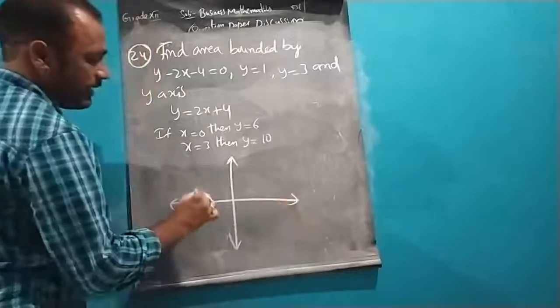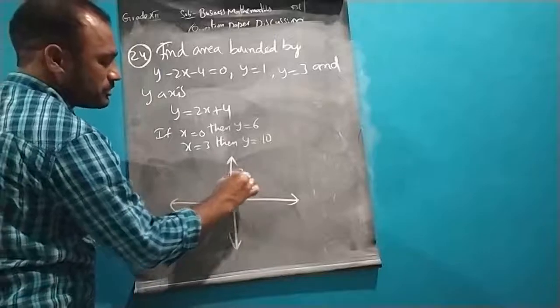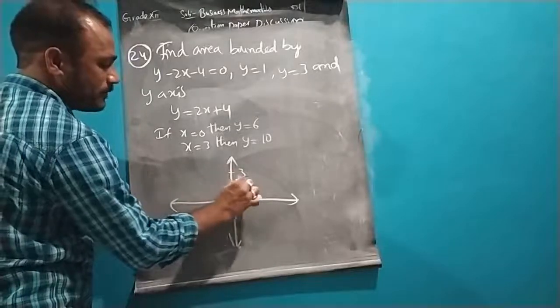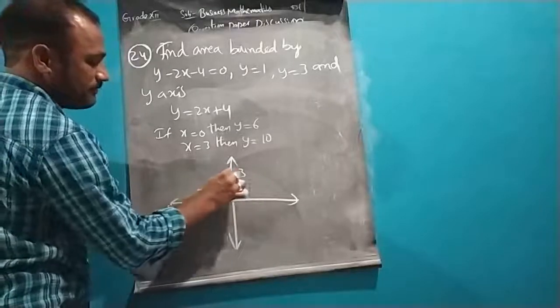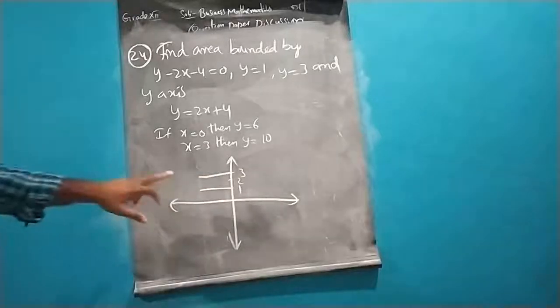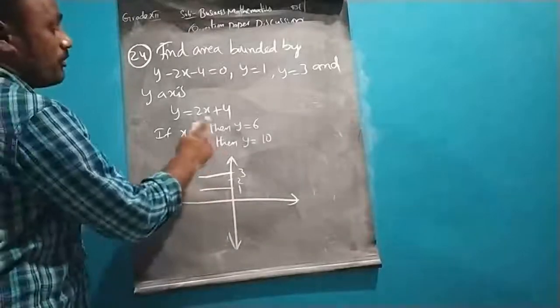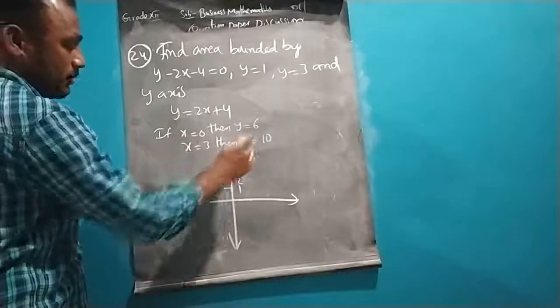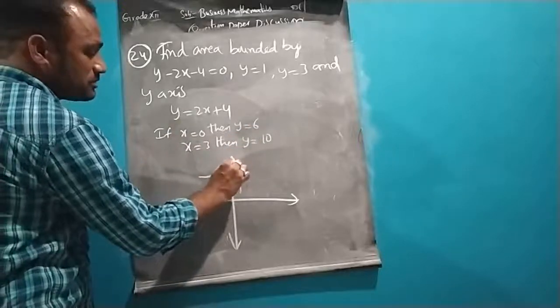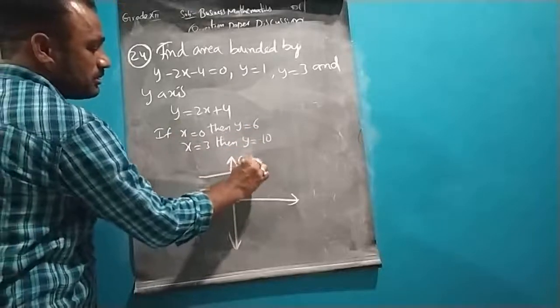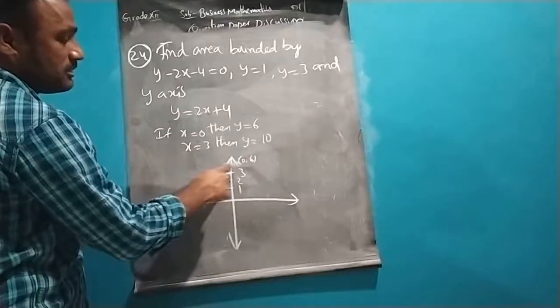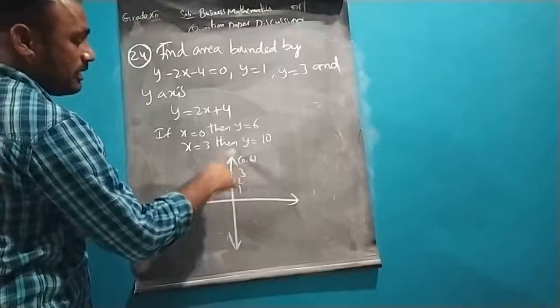So it is about the y-axis. So here y is equal to 1, y is equal to 3. So this is 3, this is 2. This is the region we require. And moreover, it is a line whose points are 0, 6. So this is the first point 0, 6, and the second point is 3, 10.